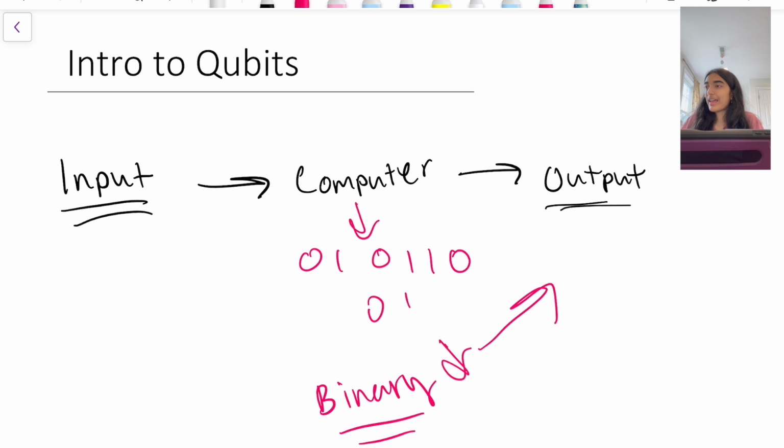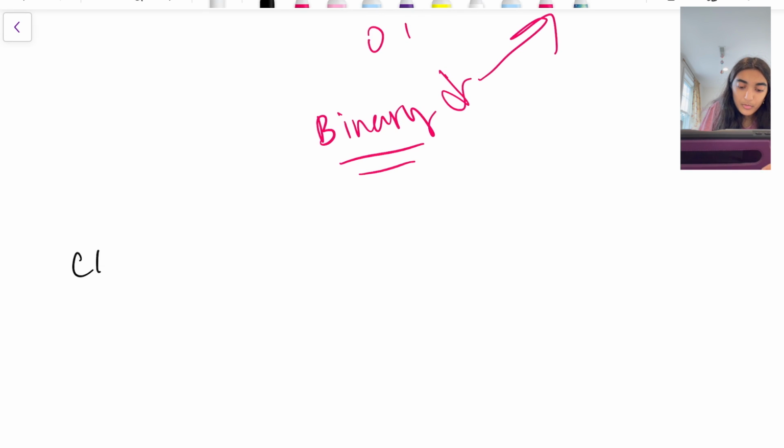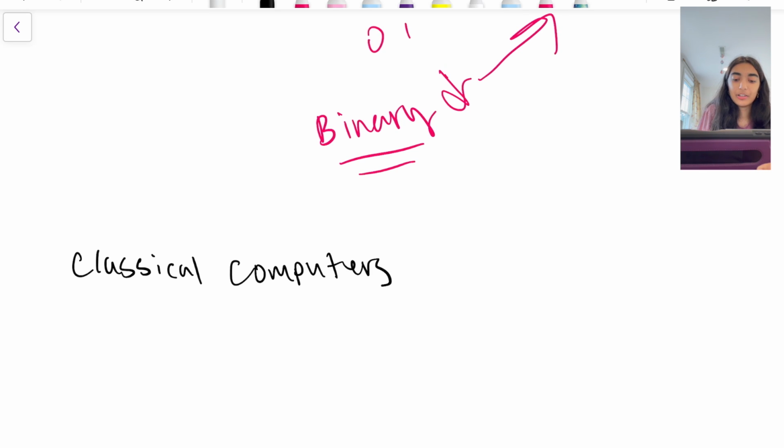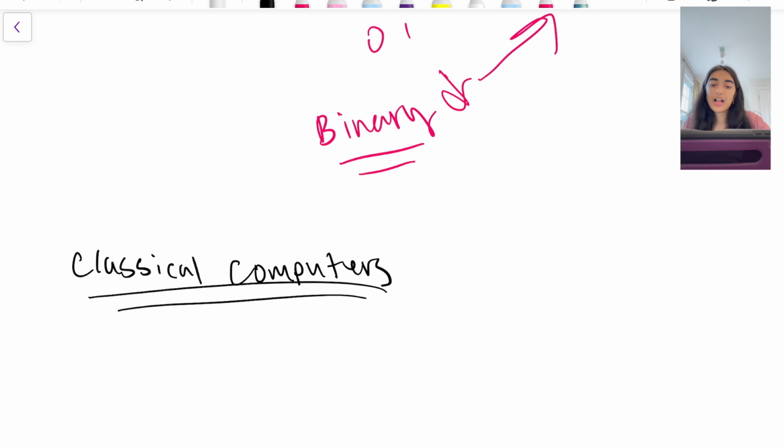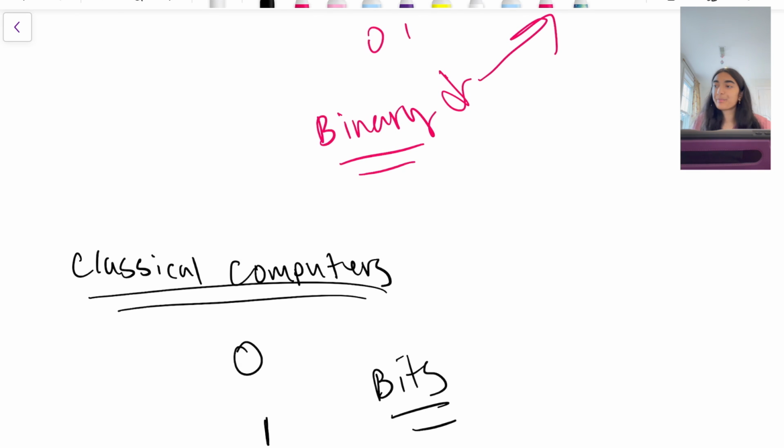So that's that. And so classical computers, which is basically what we have today, anything that's not quantum computers, or maybe not anything, but the ones that we use today, we have zeros and we have ones. What do we call these? We call these bits.